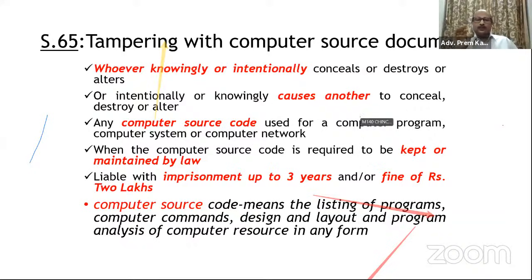It is very serious, because all those programs, websites and electronic documents are created on the basis of the source code. What we see on the screen is the result of how the source code has been created. So that is the source of electronic documents.